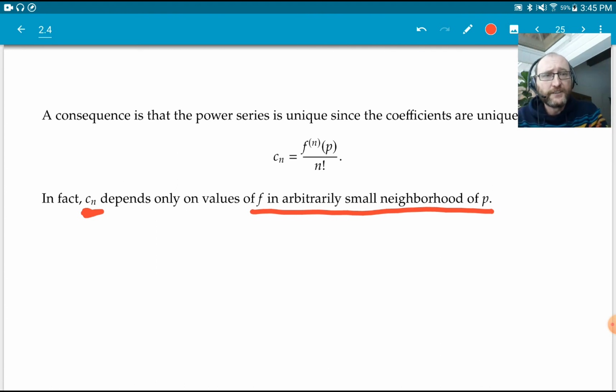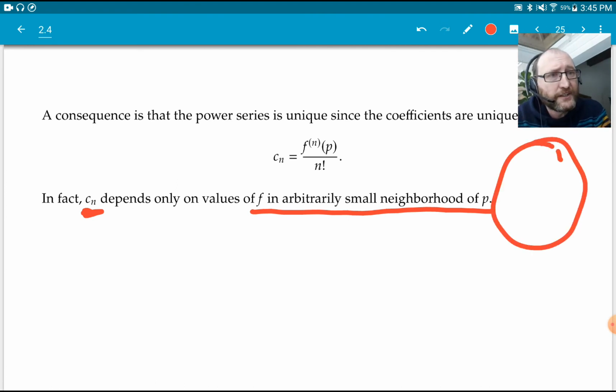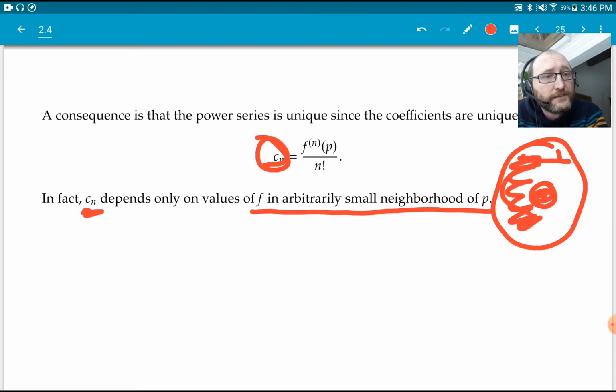The power series could converge in a really big disk, but to compute the derivative at the point, I just need a small disk, maybe. It can be really tiny, and it still gives me the same coefficients. I don't need to know the values of the function outside of that small neighborhood.